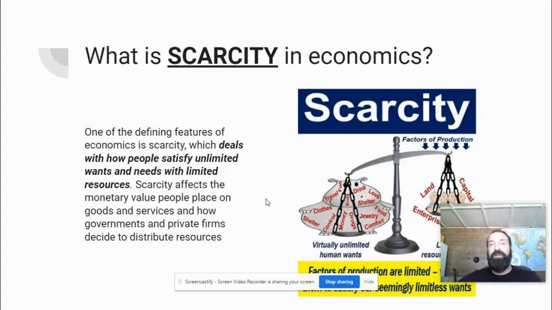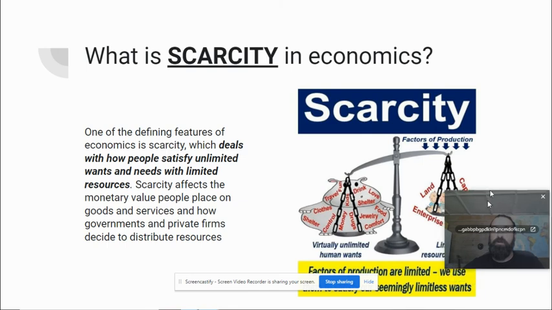And then the last thing, scarcity. We all experience this, don't we? Scarcity is basically the cost of what we use our resources for.